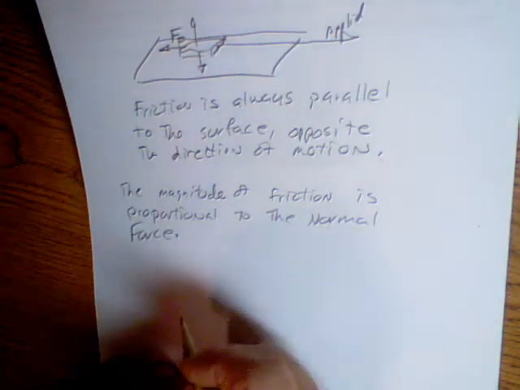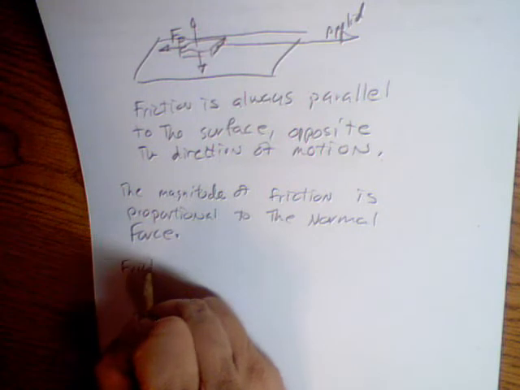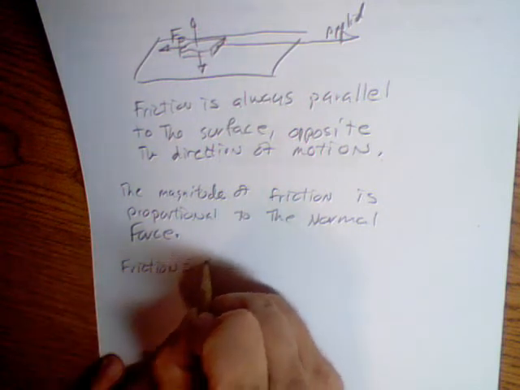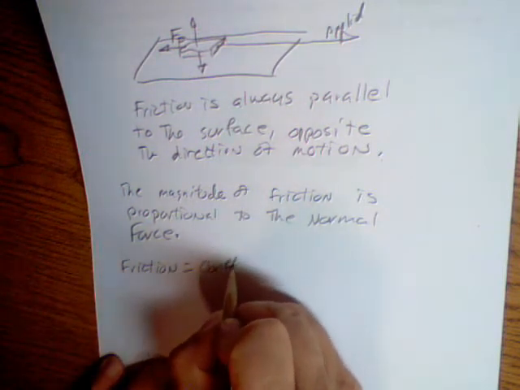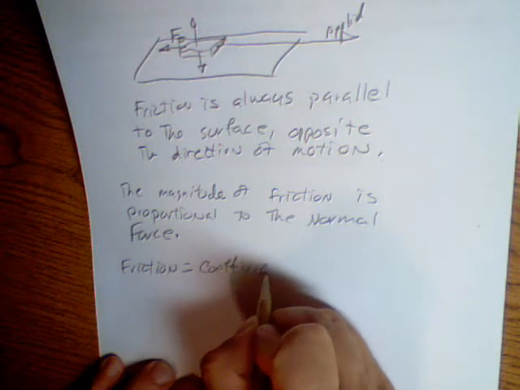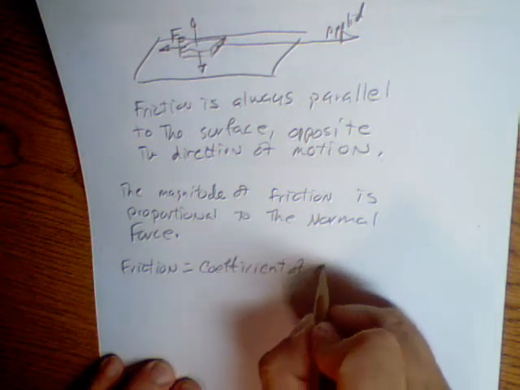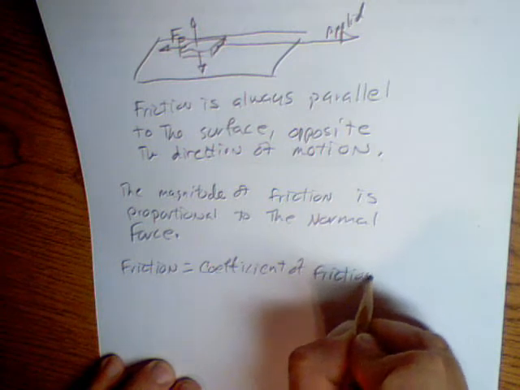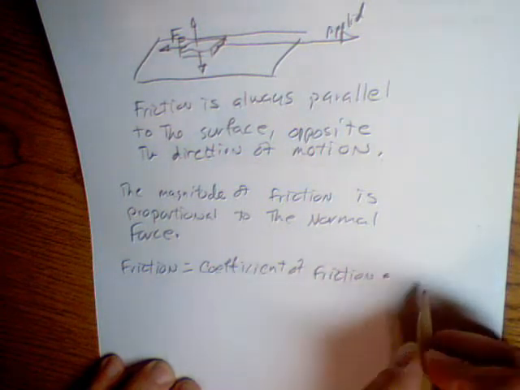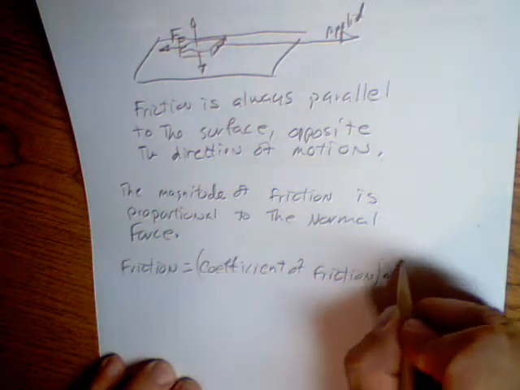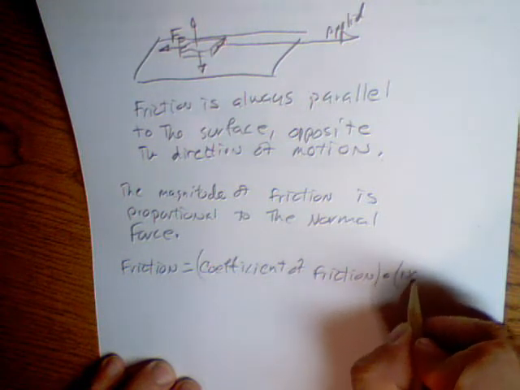Right? So friction equals the coefficient of friction times the normal force.